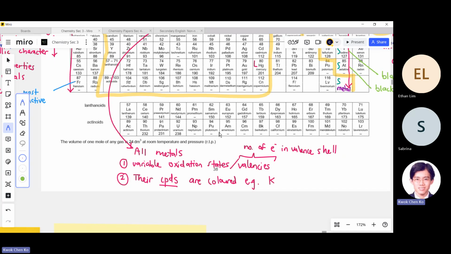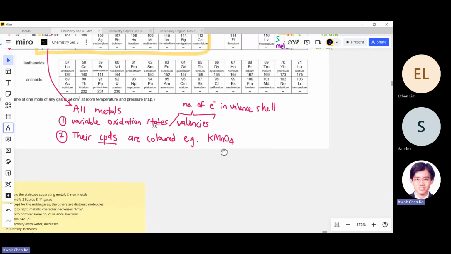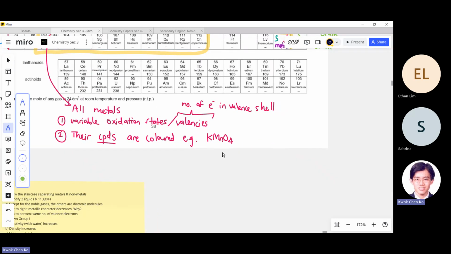This is potassium permanganate or potassium manganate 7. Why I cite this example, you will probably encounter this even in your practical. So I'll give you the name as well, potassium manganate 7.